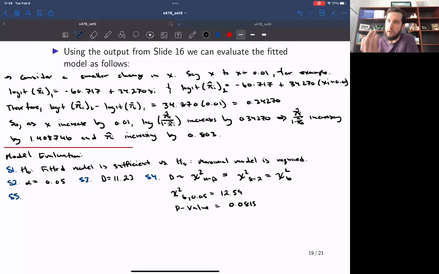However, we're getting very close to the border. We'll talk more about how we can use the deviance a bit later on, and what this would mean in terms of model comparison, because all these values are most beneficial when we're comparing different models on the same data set.